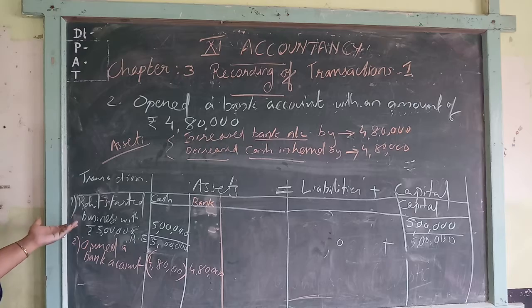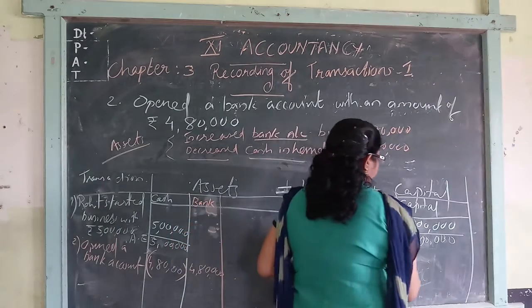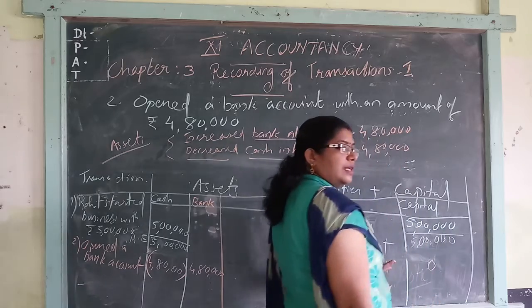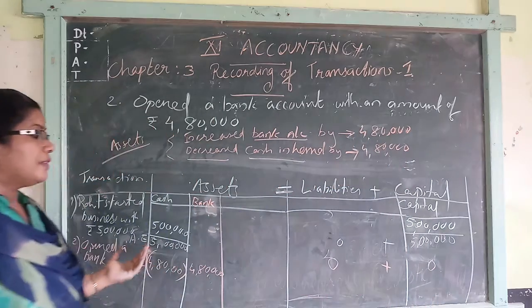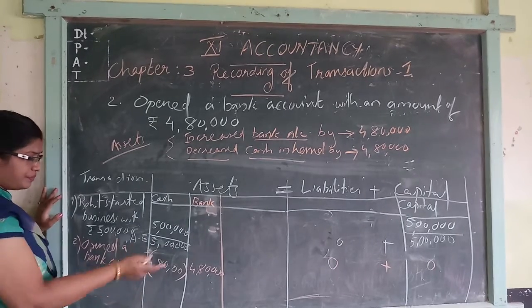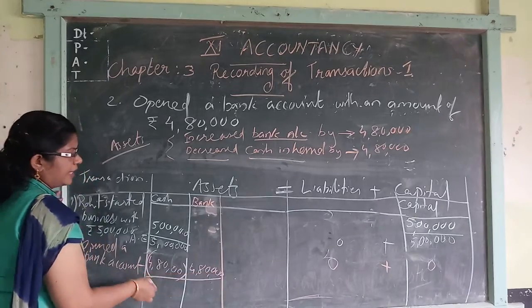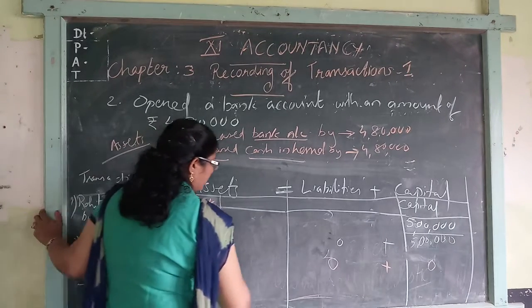But it is not affected in liabilities, so 0. Capital is also not affected, 0. Not affected anywhere. Clear? So here I am closing this one, and then you can create a new account.